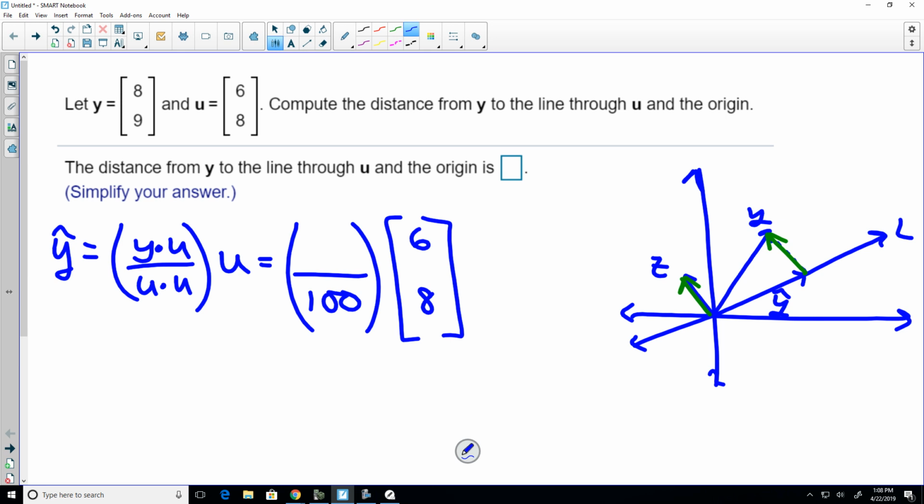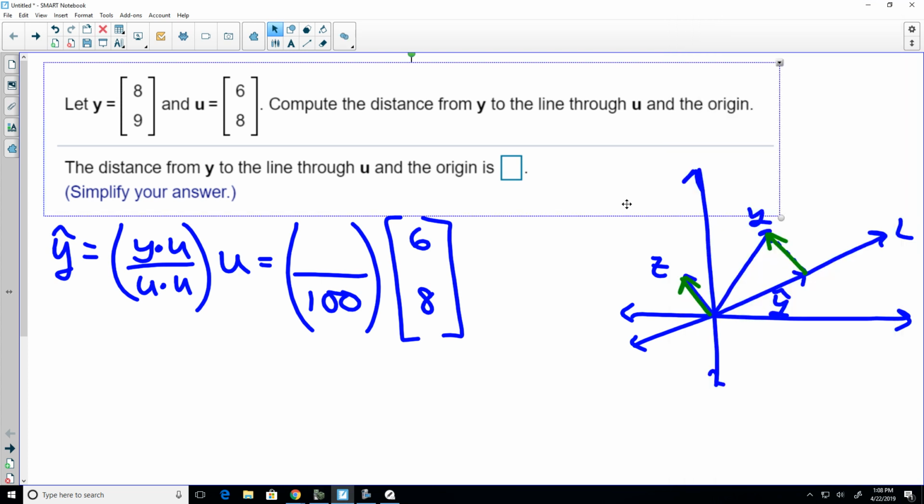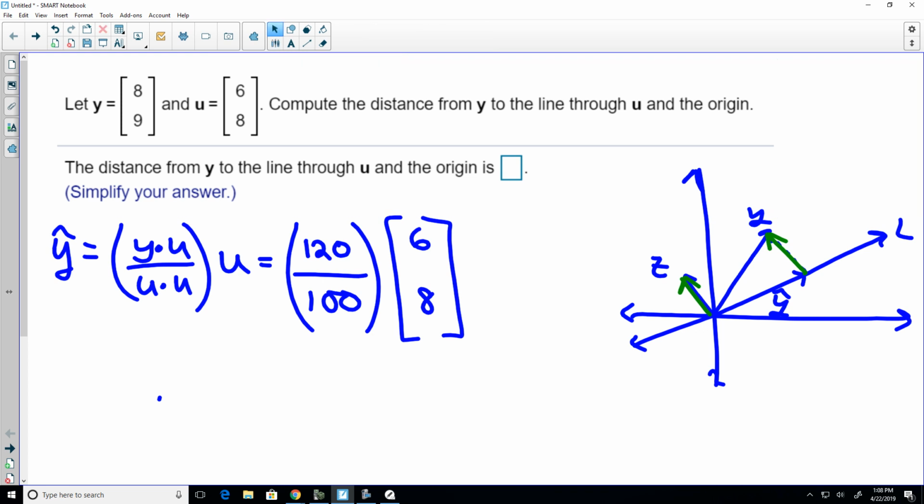Let's check y dot u. So that is 8 times 6 plus 9 times 8. 120. Okay. All right, so it's 12 over 10, which is 6 over 5, right?